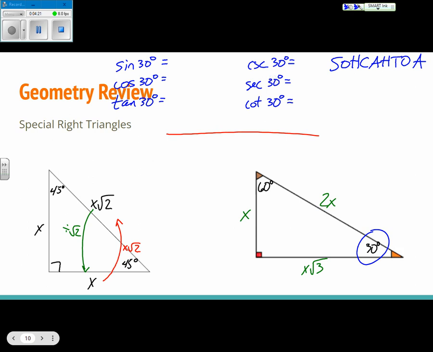For instance, sine yesterday was opposite over hypotenuse. I want to see what's opposite 30 degrees. Well, that's x. And the hypotenuse of this triangle is 2x. Everything has an x, so a lot of x's are going to cancel today, and it leaves me with 1/2.